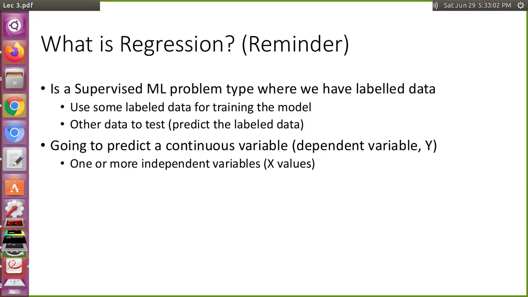First you have to train the model with the labeled data. Once you have trained it, you have to test it with a separate test data set, which is also a labeled data set. You can find how much the predicted values from the model differ from the real labels in the test set.